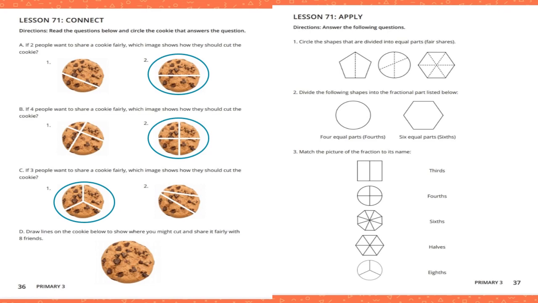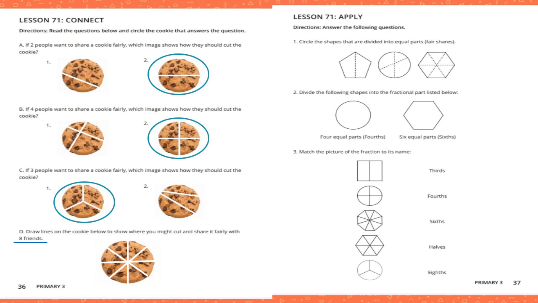Here he wants me to draw lines on the cookie below to show where you might cut and share it fairly with 8 friends. So I must divide it fairly or equally, like this.